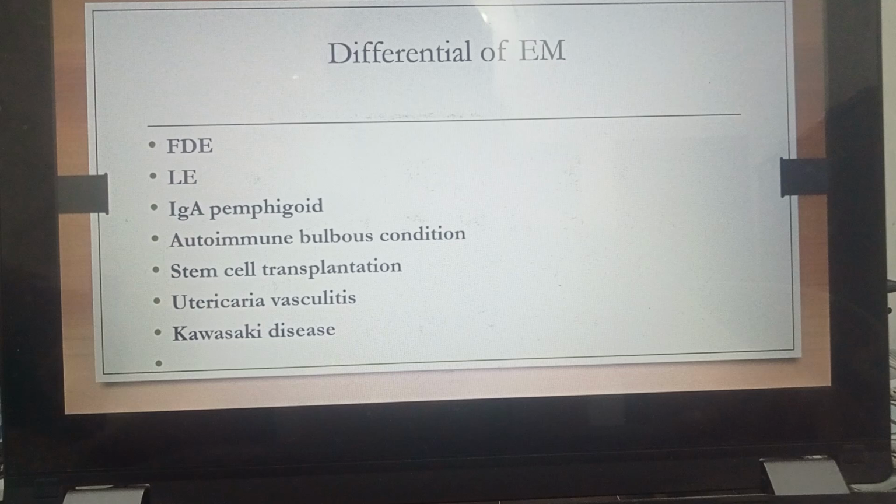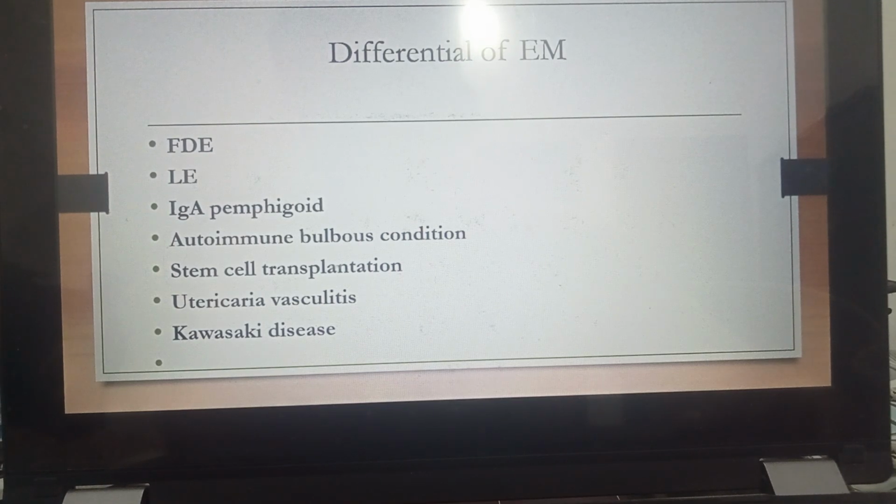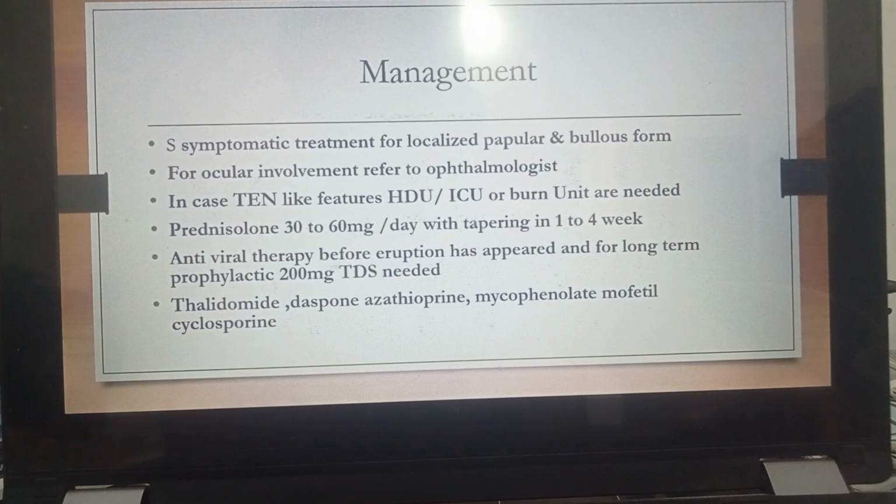Differentials of erythema multiforme are fixed drug eruption, lupus erythematosus, IgA pemphigoid, autoimmune bullous condition, stem cell transplantation, urticarial vasculitis, and Kawasaki disease.